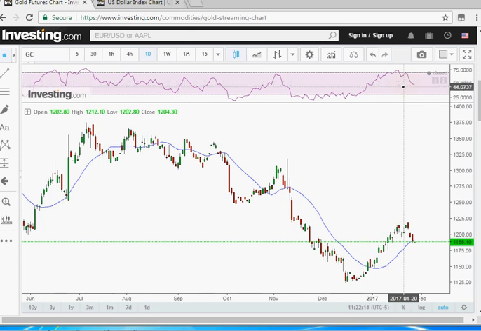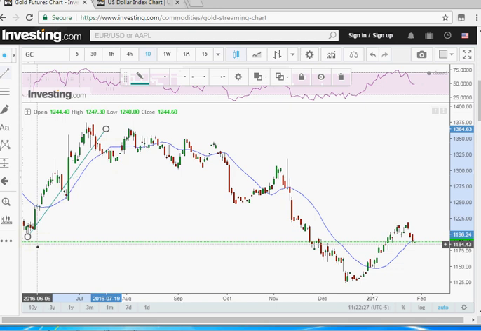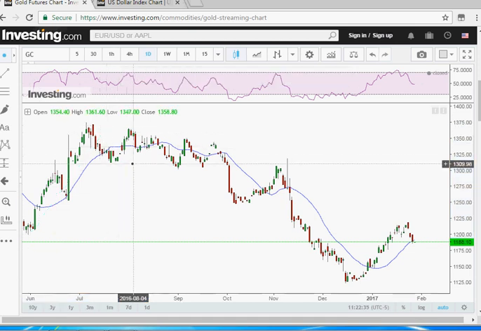And what do we expect? How do we expect gold to behave over the short term? Well, if we look at the advancing phase of the previous intermediate cycle, from around the end of May until mid-July last year, we will see that during the advancing phase of that intermediate cycle, price sometimes did retrace back down to the 20-day moving average, and often dipped a little bit below that.